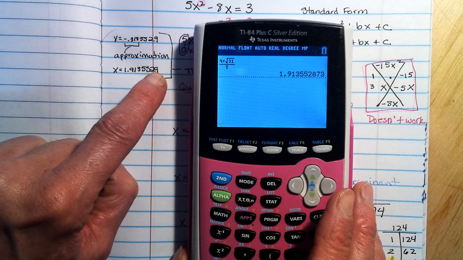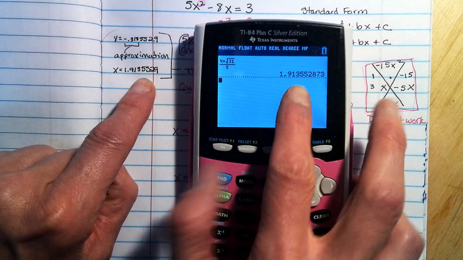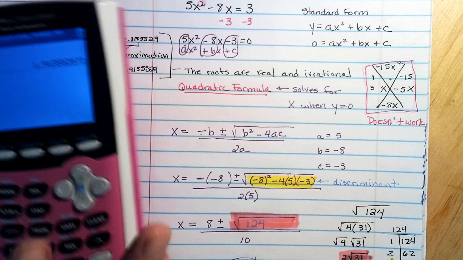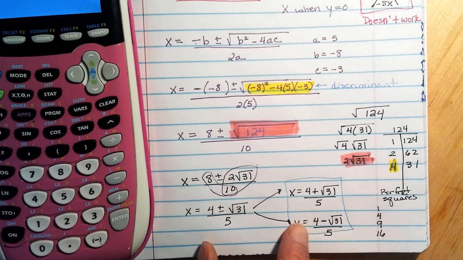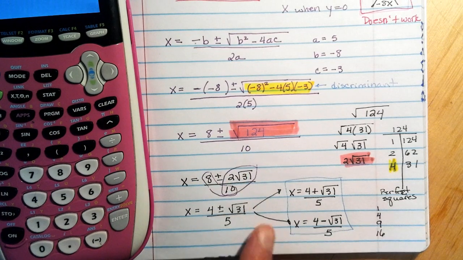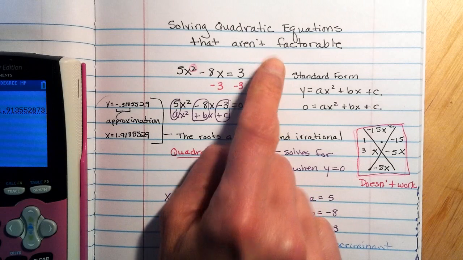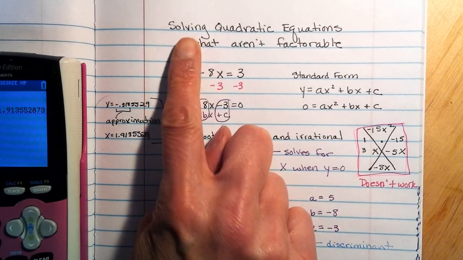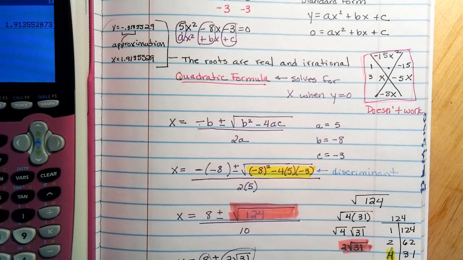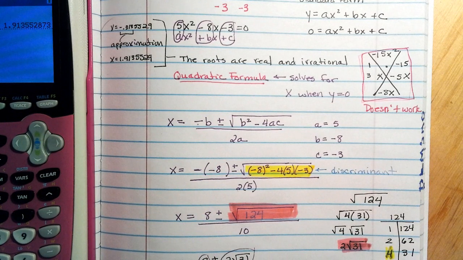Notice that 9 was rounded. You can trust me that if I were to do the minus, I would get the other number. So this is what you have to do when your quadratic is not factorable and you're asked to solve for x: you have to use the quadratic formula.